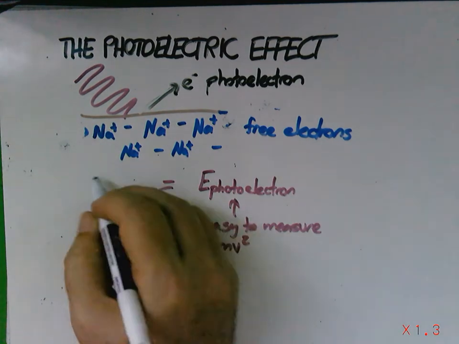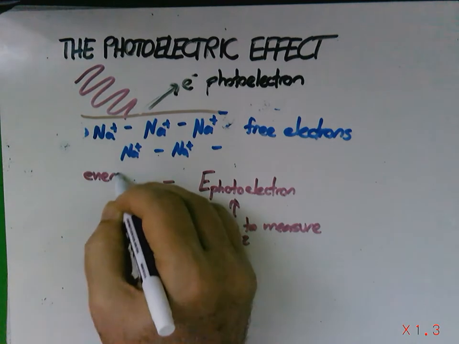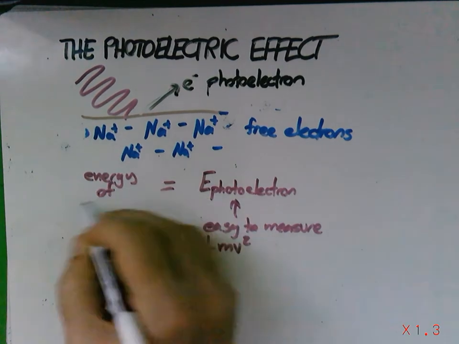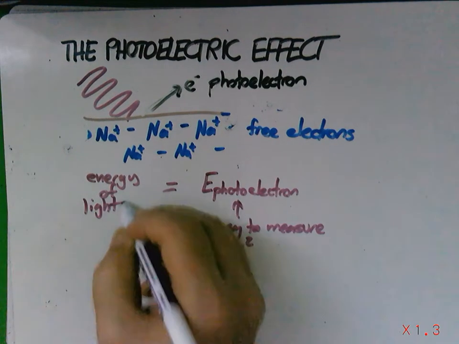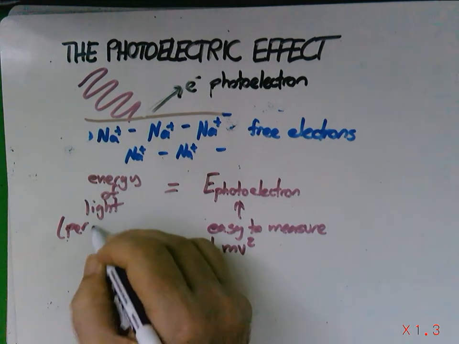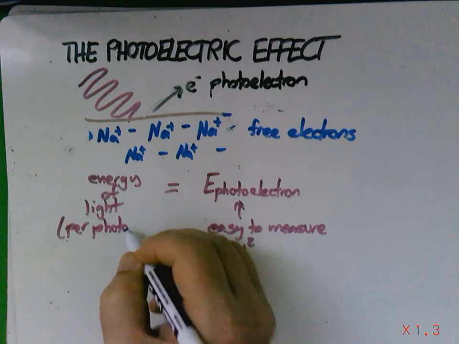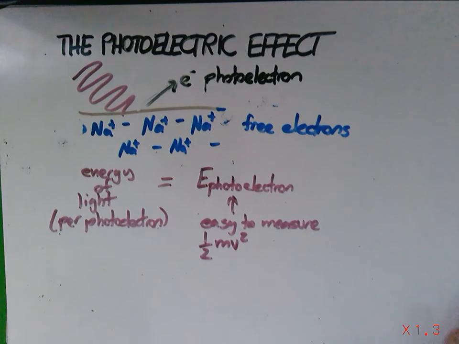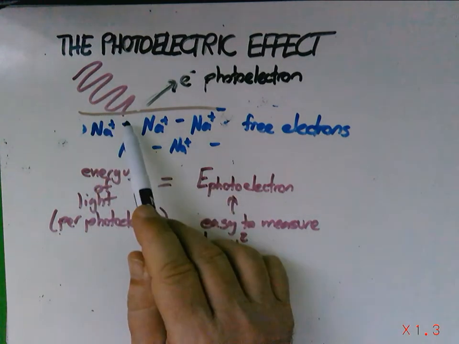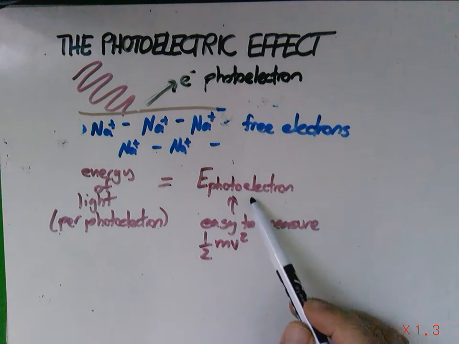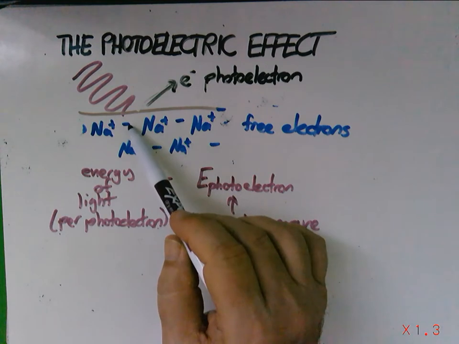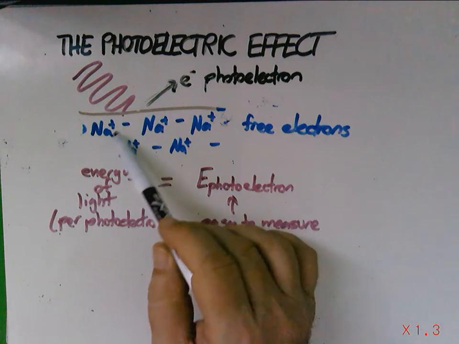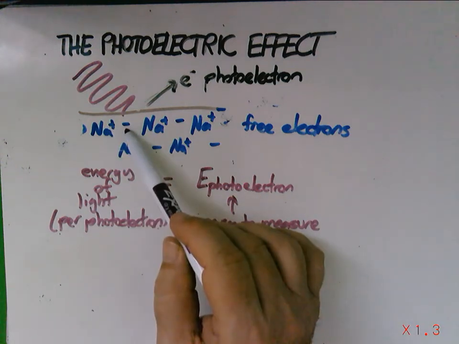Now, the energy of the light per photoelectron you can get by making a little energy budget. So this is the energy you're pumping in. The photoelectron is taking some energy out, but there's another item in the budget that we have to include, and that is how much energy it takes to pull this electron away from these sodium ions, because they're hanging on to it because they have a positive charge.